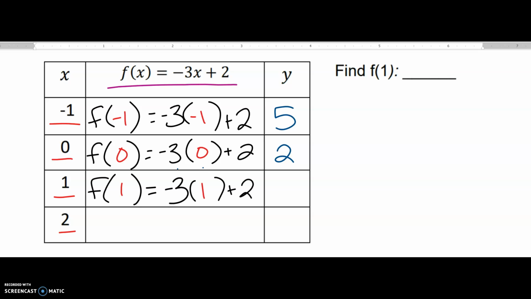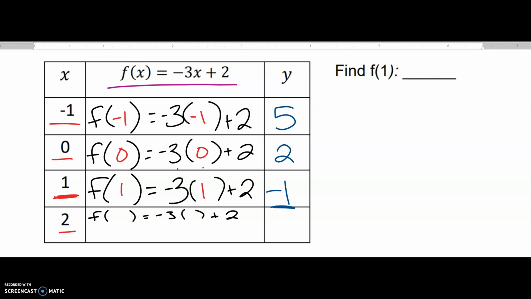So our next input that we have is 1. This is a +1 this time, so I'm going to plug in a +1 for our x value. So f of +1 is equal to -3 times 1 plus 2. -3 times 1 gives us -3, and -3 plus 2 is going to be -1. So when our input is a +1, our output becomes -1.